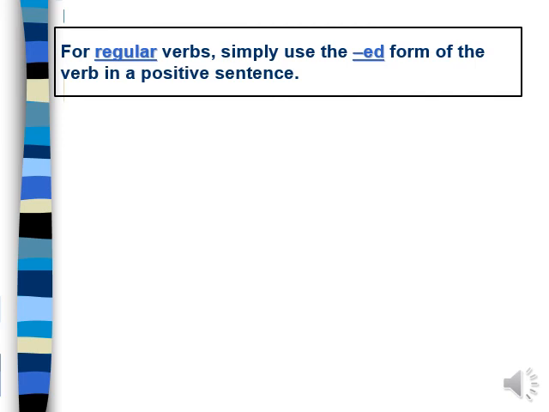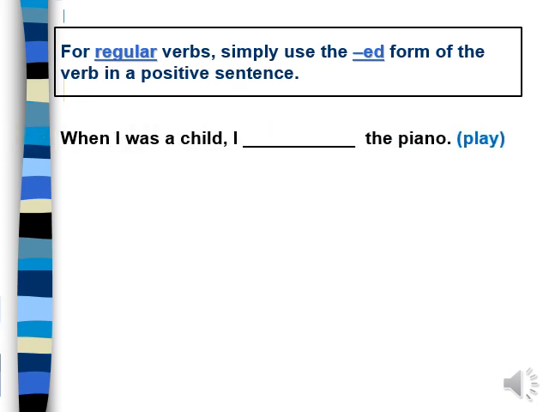For regular verbs, simply use the ed form of the verb in a positive sentence. When I was a child, I blank the piano. You need to use the verb play. Donna blank Paris. Use the verb visit. Let's answer.